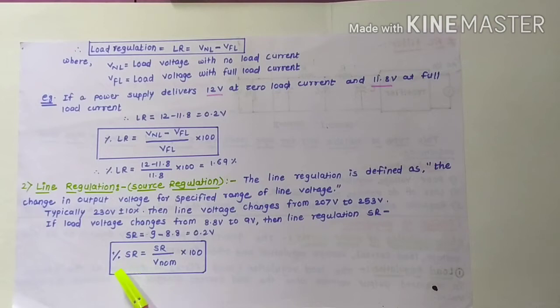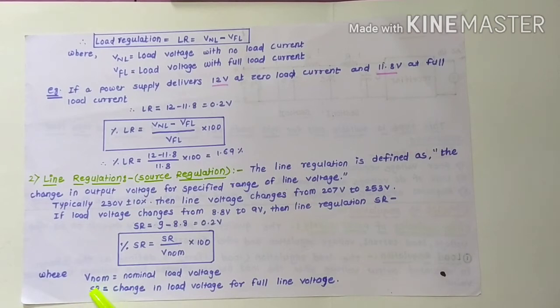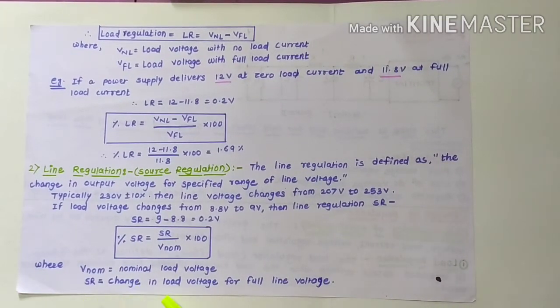And if we have to find the percentage of source regulation, then the formula is source regulation or line regulation upon V nominal, V norm, as we write in short, multiplied by 100, where this V norm represents nominal load voltage and SR is the change in load voltage for the full line voltage.